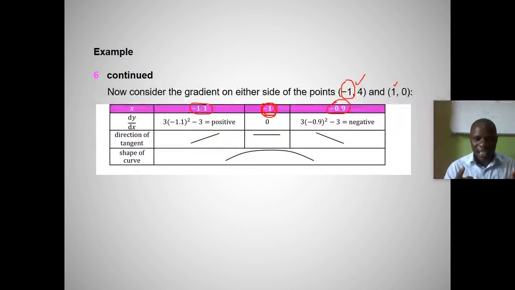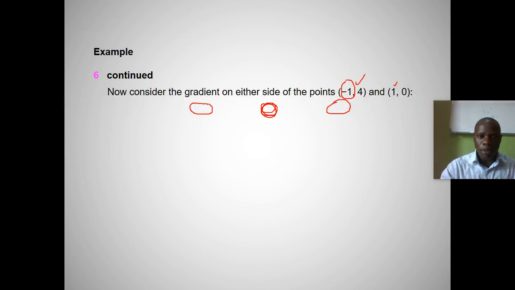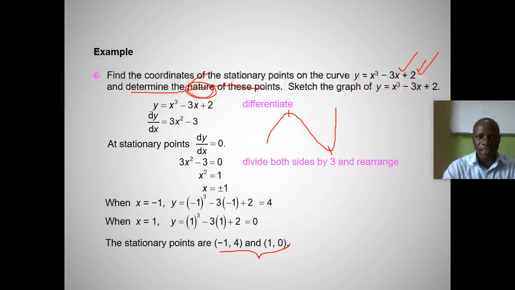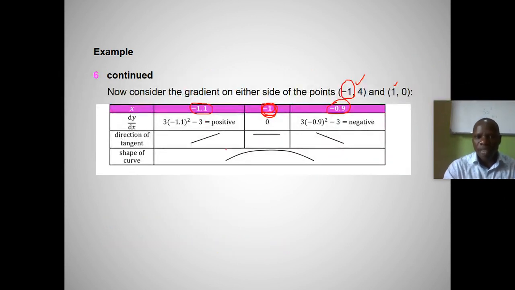Now let's check how dy/dx works. Remember, dy/dx is 3x squared minus 3, so it's the one we are checking. When we put negative 1.1 in our derivative, the answer is positive.